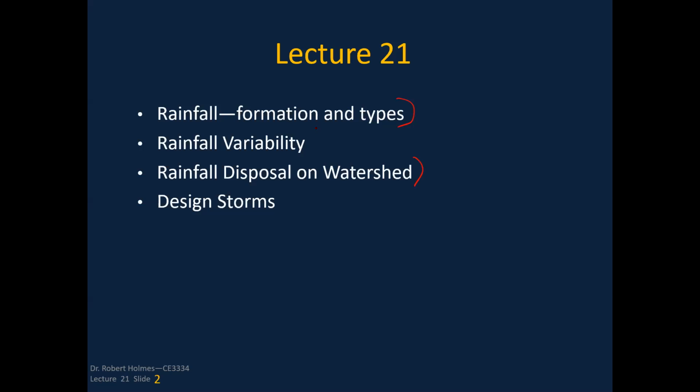Then we'll look at the aspects of disposal of the rainfall on the watershed. Where does it go, and how does its location change through time? And then at the very end, we'll set up design storms, which we're going to spend lecture 22 talking about.